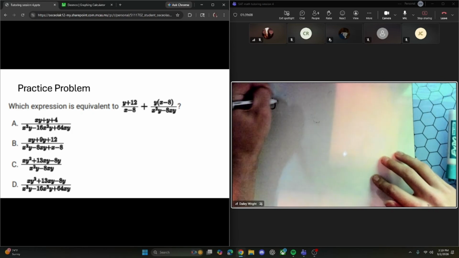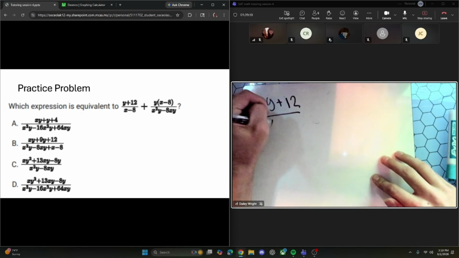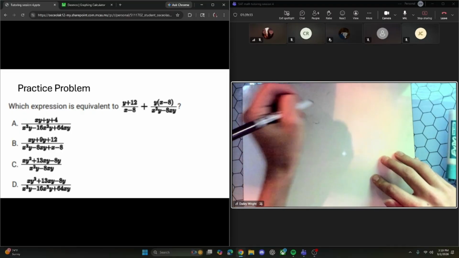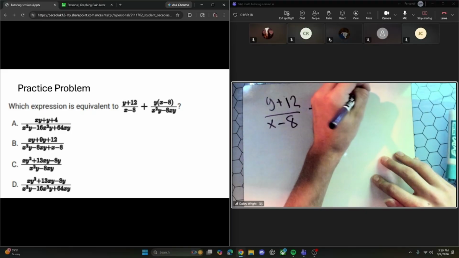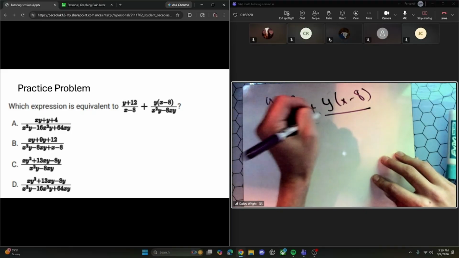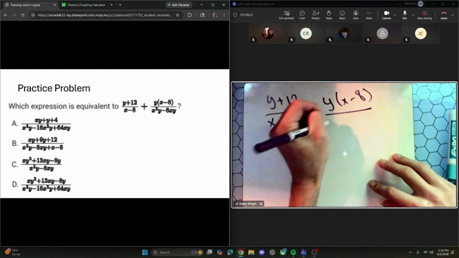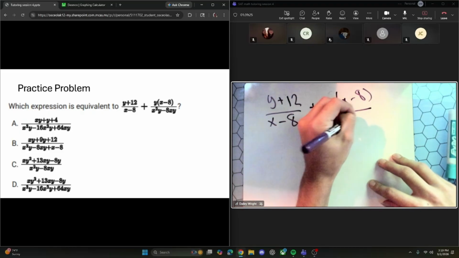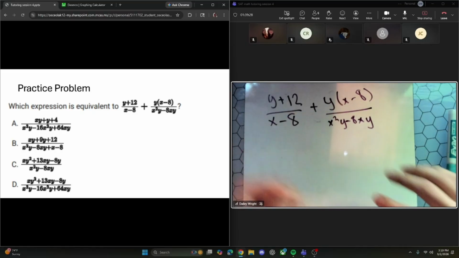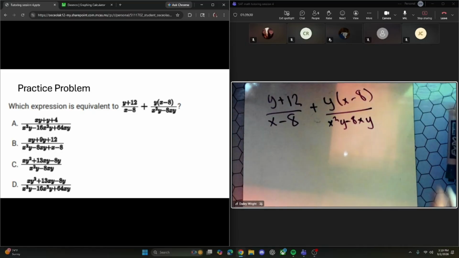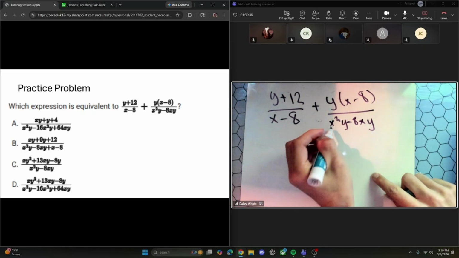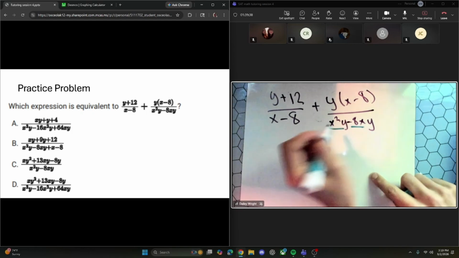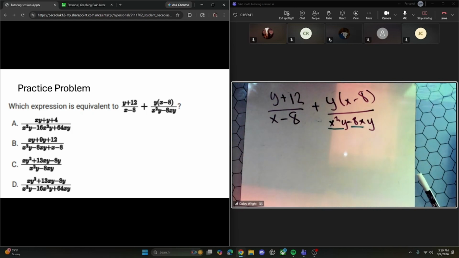I have (y plus 12) over (x minus 8) plus y times (x minus 8) over (x squared y minus 8xy). One thing I notice here is there is an x in both terms and there is an 8, so I can pull out an x minus 8 from this equation here.